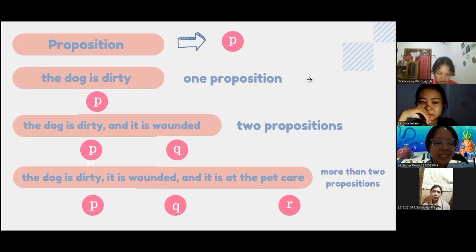Because it expresses the same meaning. The dog is dirty, it is wounded, and it is at the pet care. So the dog is experiencing something, and those things are related to each other. Next.